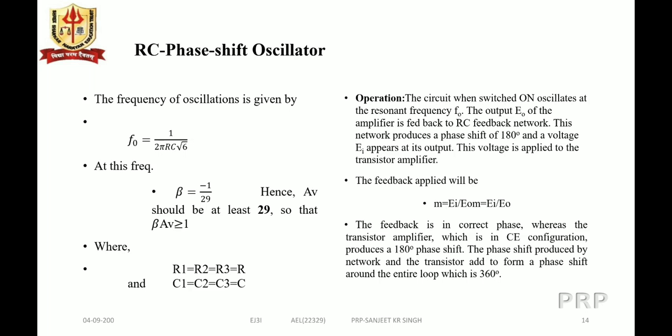Now how it operates: the circuit, when switched on, starts oscillation at the resonant frequency f0. The output E0 of the amplifier is fed back to the RC feedback network. This network provides 180 degrees of phase shift, and a voltage EI appears at its output.